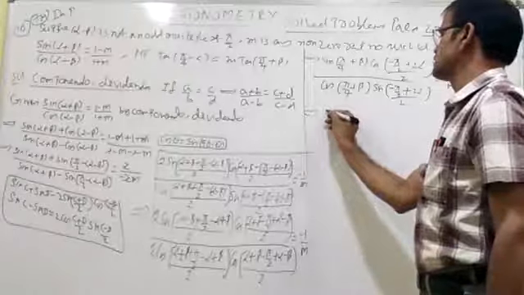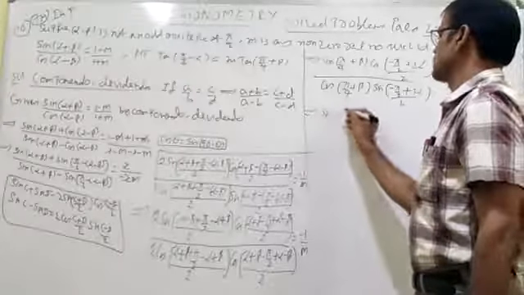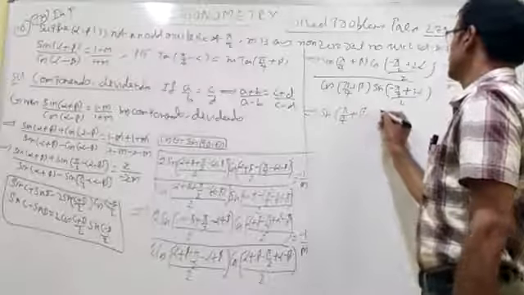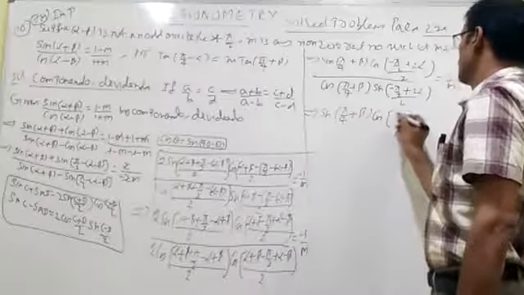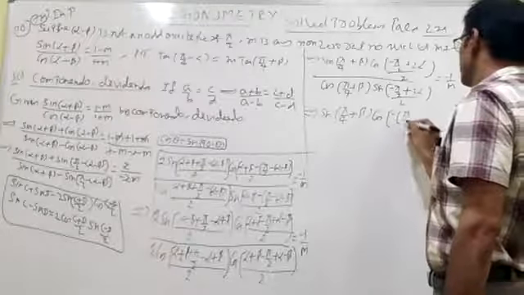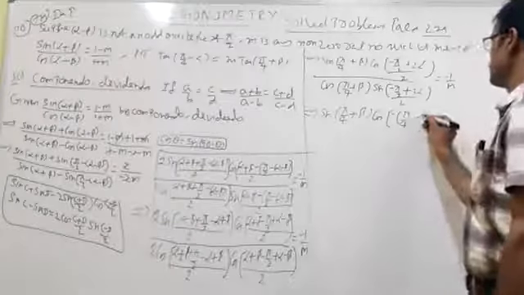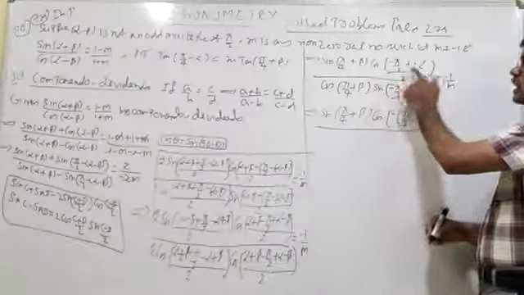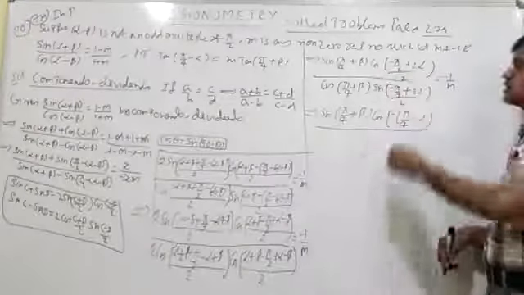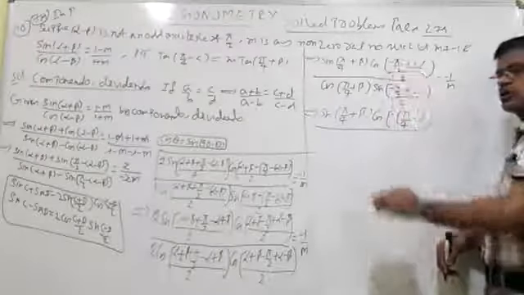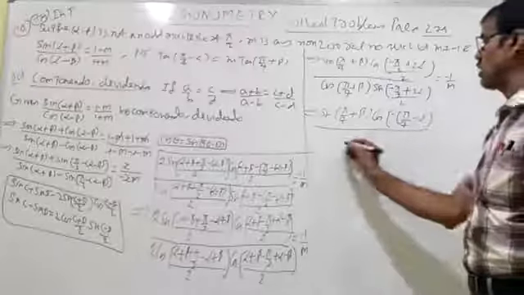That implies sine of pi by 4 plus beta into cos of, and taking common minus here, try to understand what I am writing, pi by 4 minus alpha, because minus taken common, minus becomes plus, plus becomes minus, pi by 2 becomes pi by 4, and 2 alpha by 2 becomes only alpha.